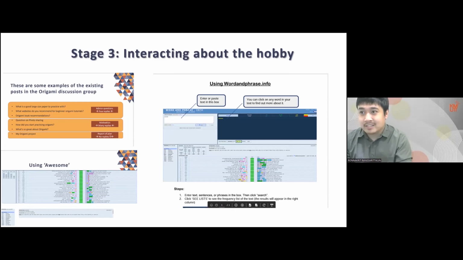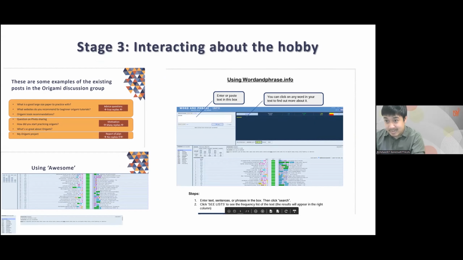So we ask students to take maybe 10 or 15 comments, copy and paste them into the box, and click this button. The website will generate a list of the most frequently used words in the text.